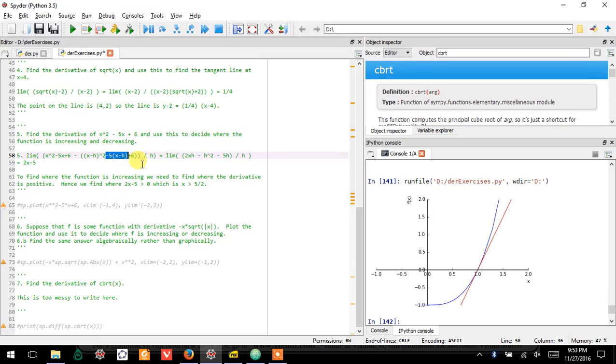After distributing, multiplying, regrouping, canceling, so on, you get, hopefully, this. You then cancel any factors of h wherever you can, and whatever has an h left over goes to 0. So this is the limit.